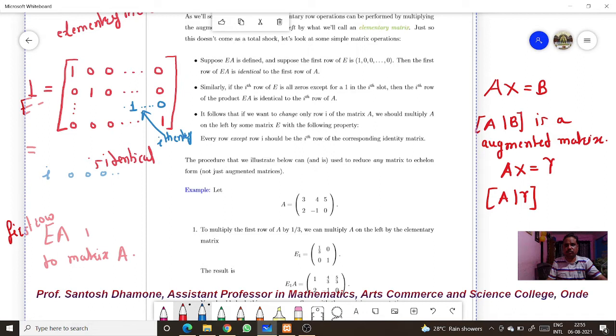First, to multiply the first row of A by 1/3, we can multiply A on the left by the elementary matrix E1 with rows 1/3, 0 and 0, 1.